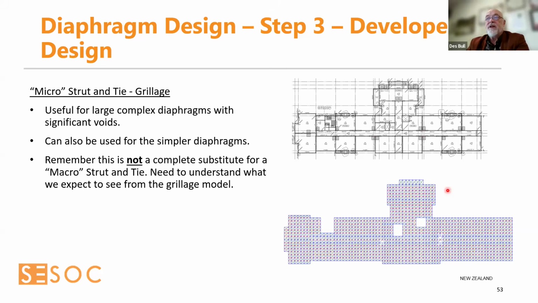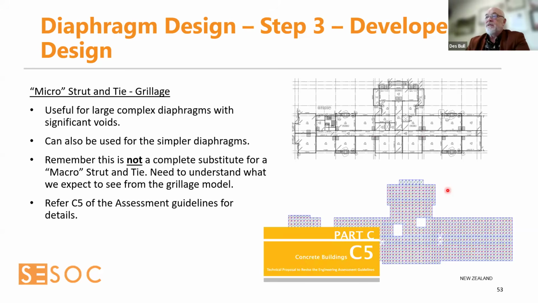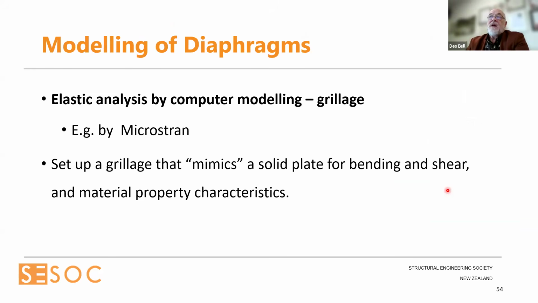The macro gives us an idea of what we should have expected from the grillage model. So that's the recommendation. Start with your macro, refine it where you need to because of voids and re-entrant corners with your grillage analysis. And guidance on that is in part C5.